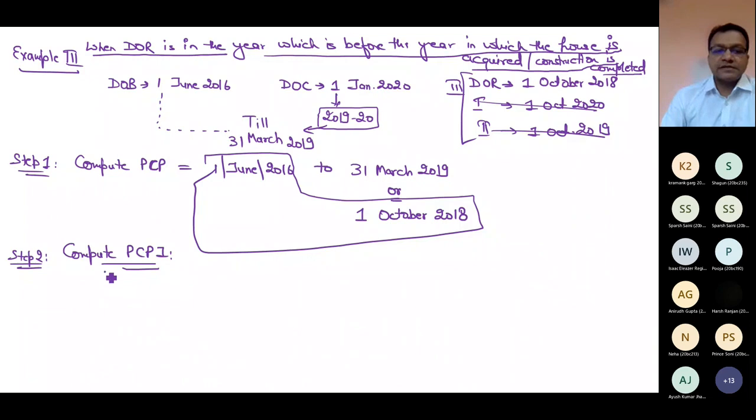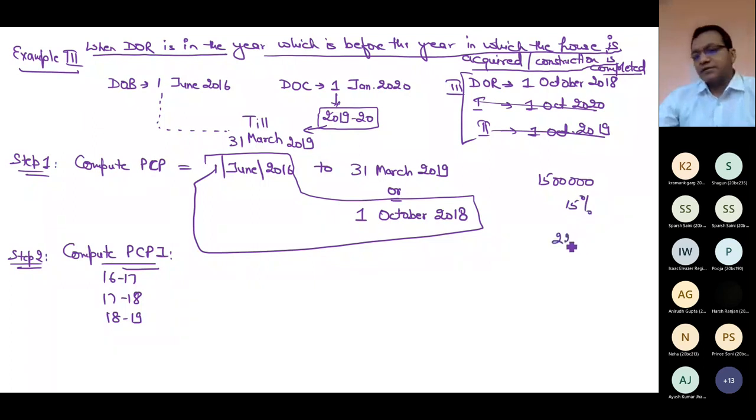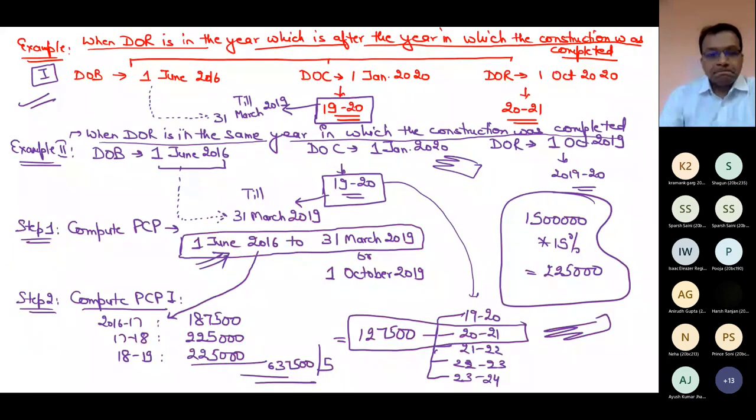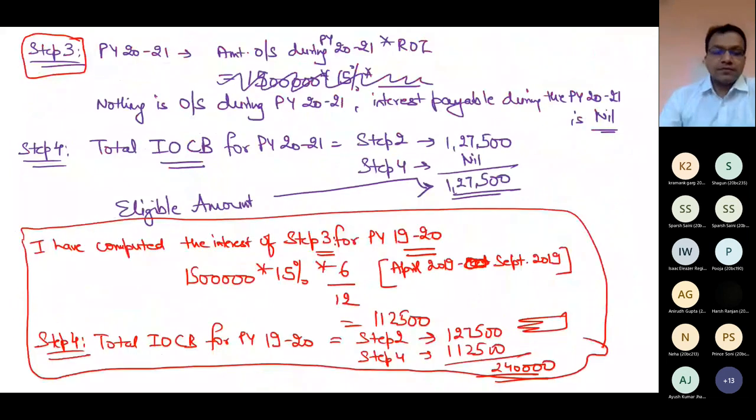So which are these years? 16-17, 17-18, 18-19. Same amount, 15 lakh loan, 15% rate, yearly interest is 2 lakh 25 thousand. Now for 16-17 it was 10 months, so for 10 months the interest computed was 1,87,500.